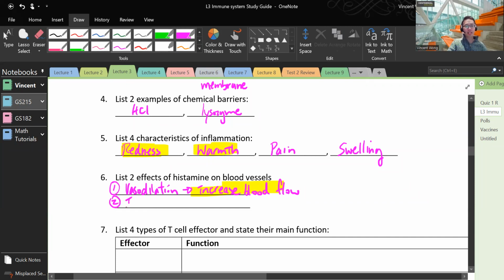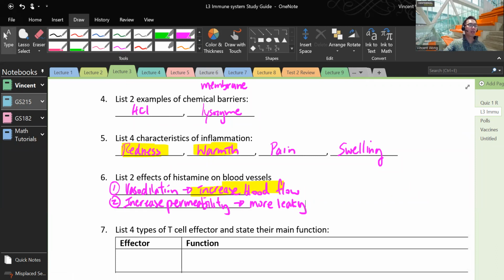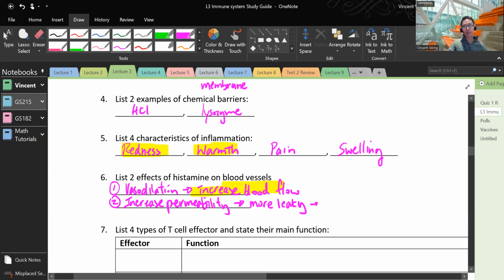Secondly, it's going to increase permeability of the vessel. We mentioned this is going to make it more leaky, right? And it's a good thing in this case to make them more leaky because it will allow the WBC and plasma protein to exit the bloodstream easier.